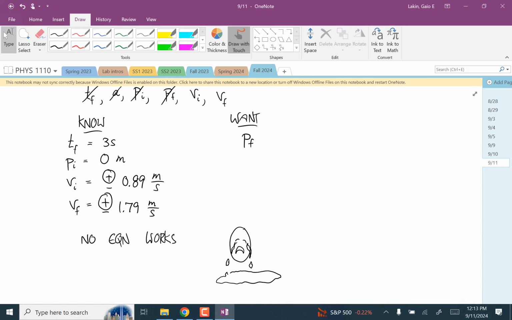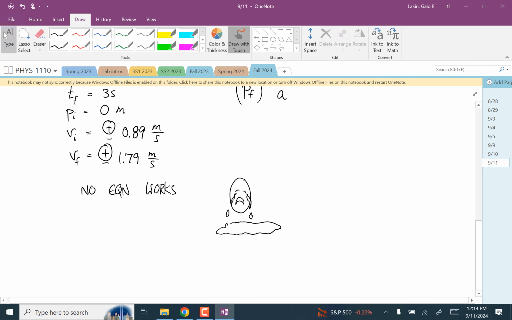And those piggyback variables are always either tf or acceleration. Okay, we already know tf, so in this case, we're just going to bank on the fact that we want to calculate the acceleration. So now we're going to look for an equation that will let us solve for the acceleration. And it looks like the simplest one of these three is going to work.